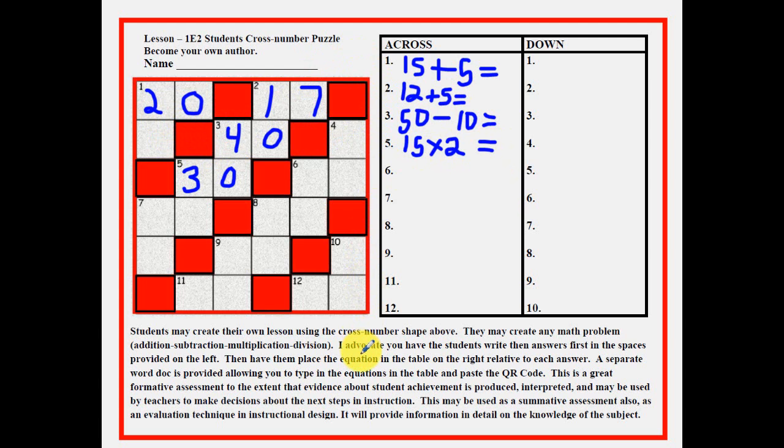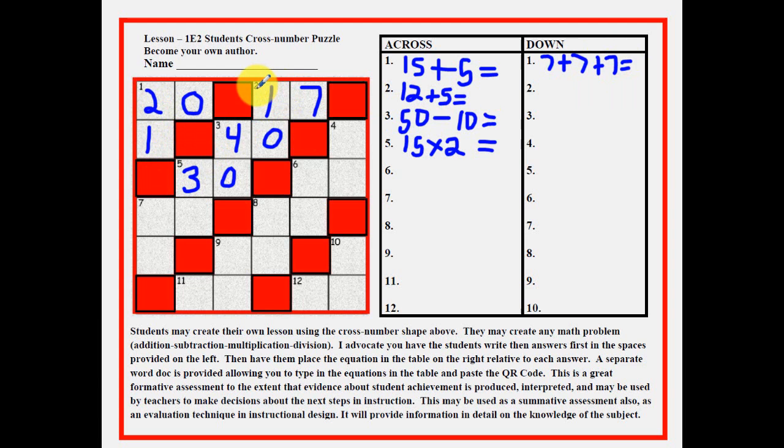The reason you want to do the across first is exampled right here on number 2 down. So number 1 down, you might want to say this number is going to be, let's say, 21. So you might want to say 7 plus 7 plus 7, just another format, equals 21.